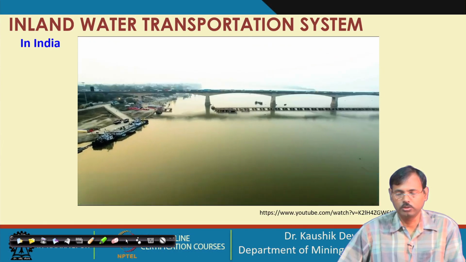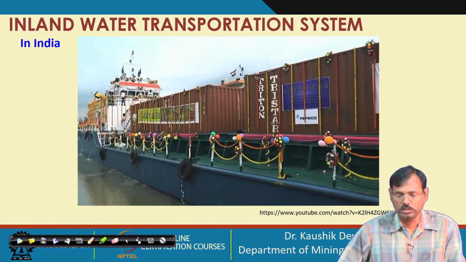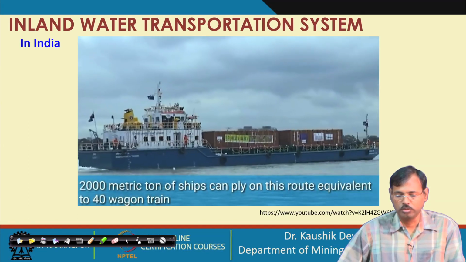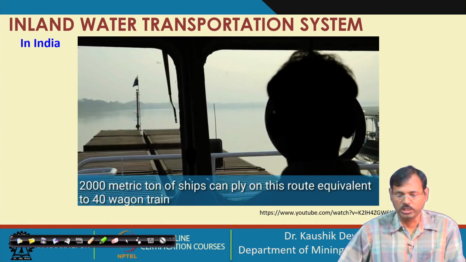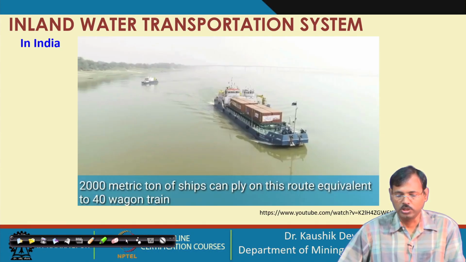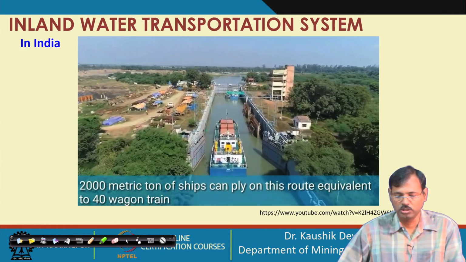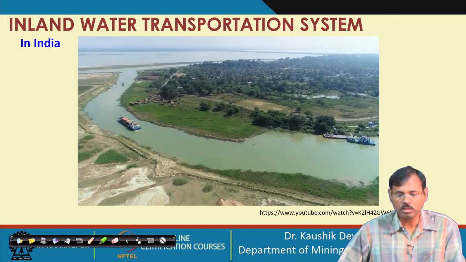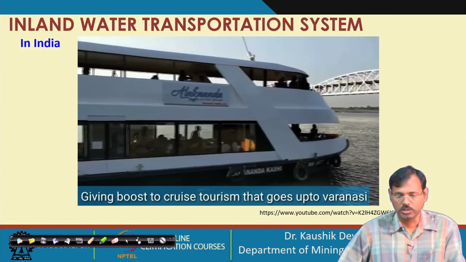Haldia is adjacent to the Bay of Bengal, and that port is basically constructed to transfer the material through ships or barges through the river Ganga, and these are the views of those ships as they are moving. This is through the river Ganga.